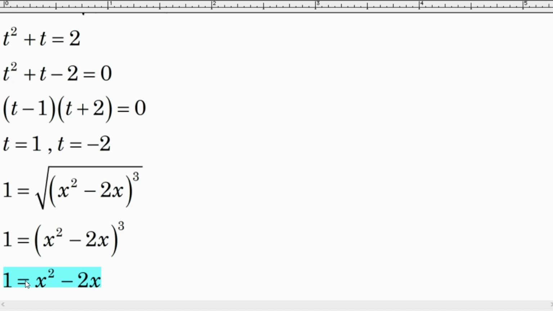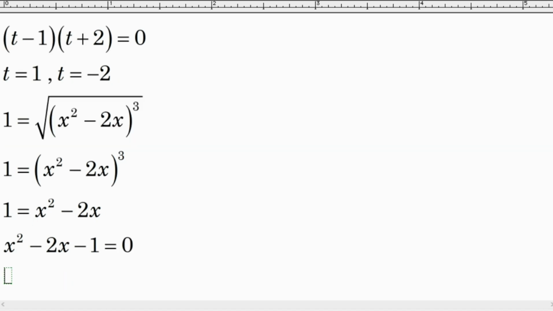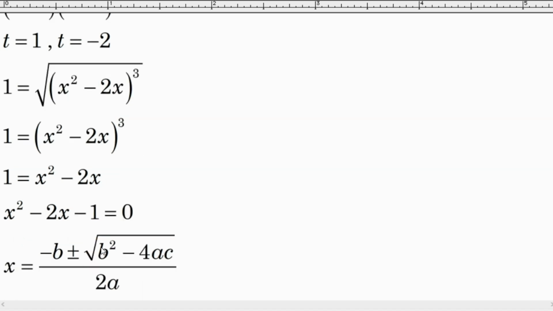Now we have a quadratic equation in terms of x, so we can solve for x. We get x² − 2x − 1 = 0. We can solve this quadratic equation through the quadratic formula: x = (−b ± √(b² − 4ac)) / 2a.